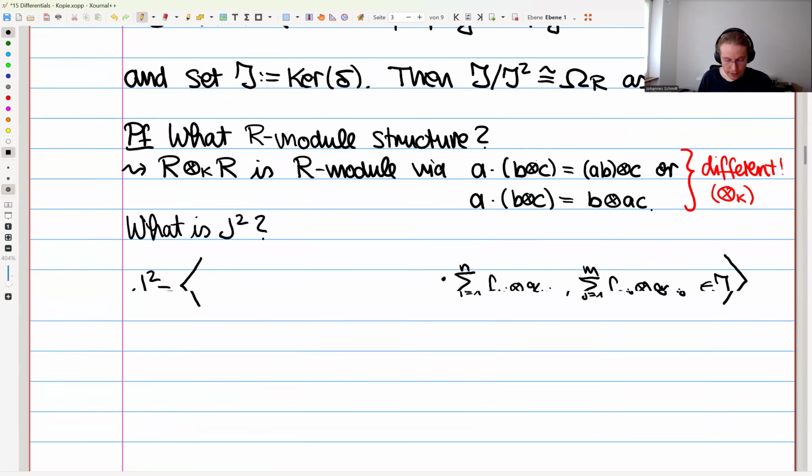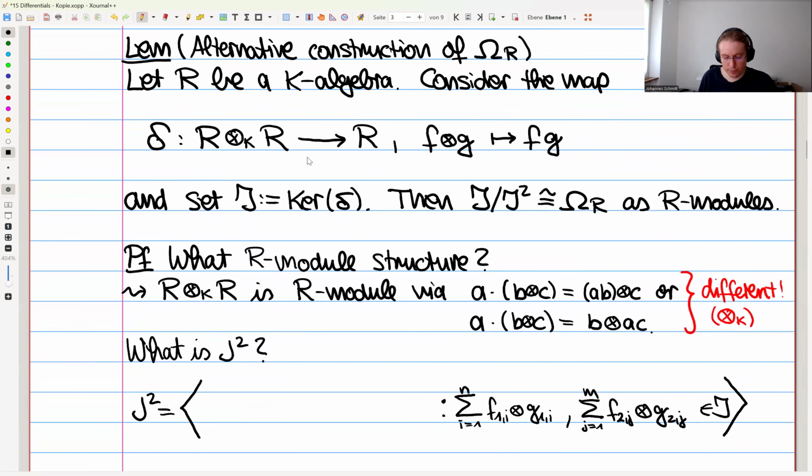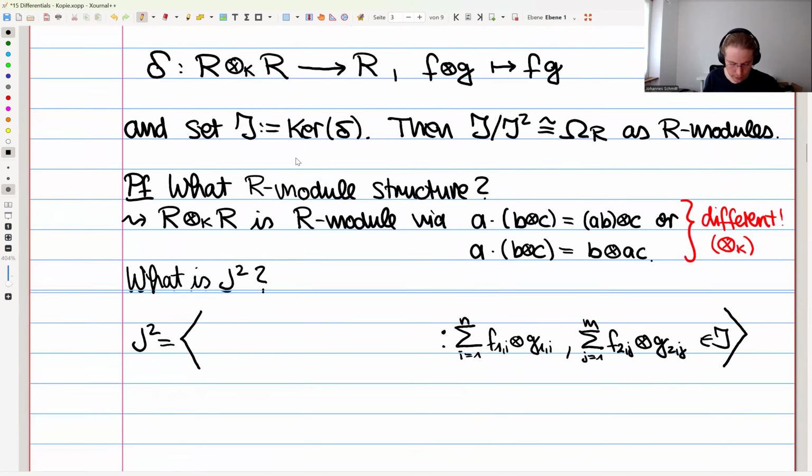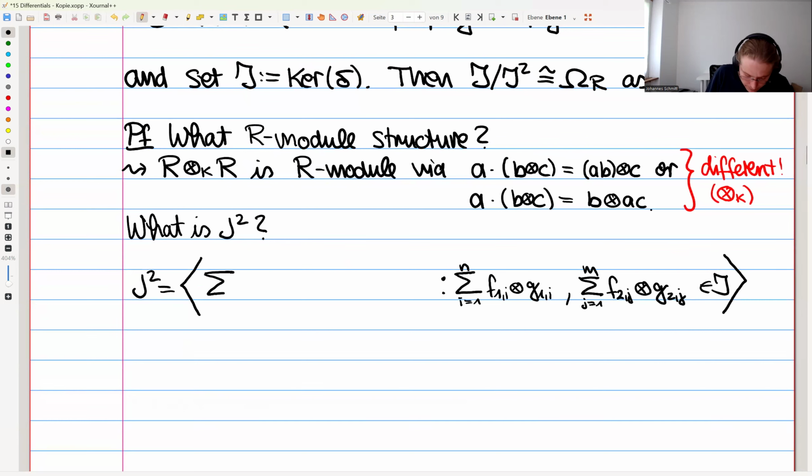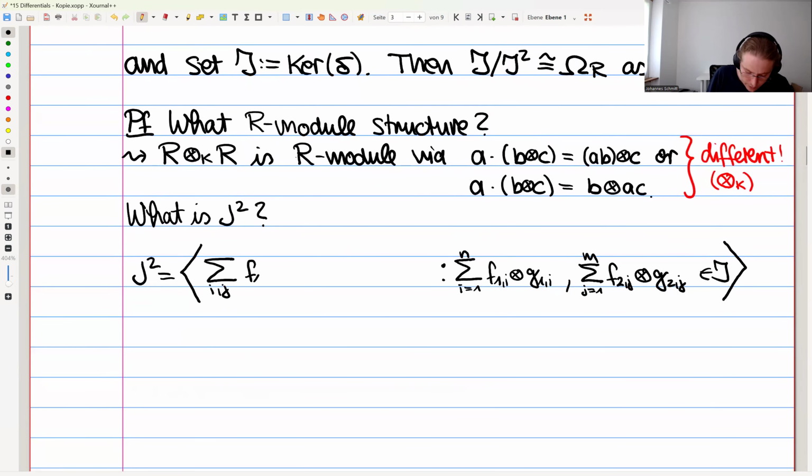And then multiplying them, there is a unique way to multiply things, namely it's just component-wise multiplication in this tensor product. So if you multiply these two things, then you get a sum over both i and j running through their respective indices, and then you multiply component-wise, so you get f_1i times f_2j tensor g_1i times g_2j, like this. So this is J squared.